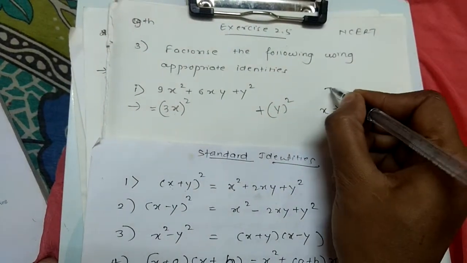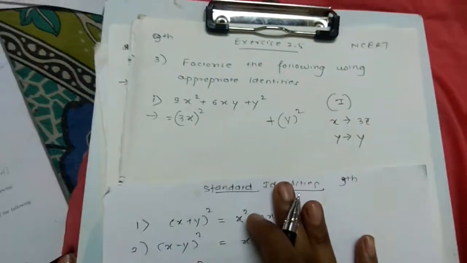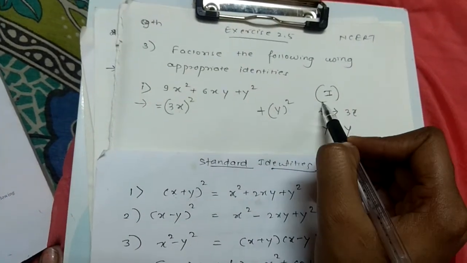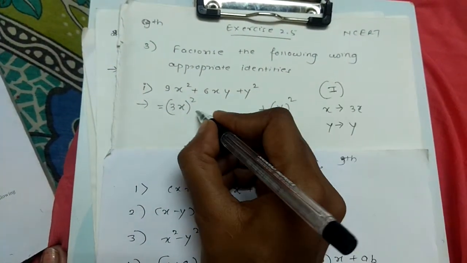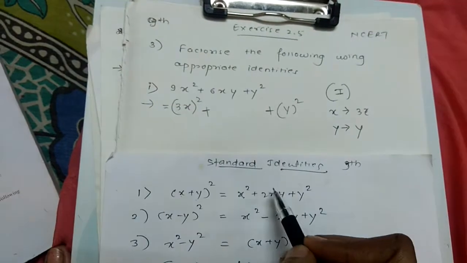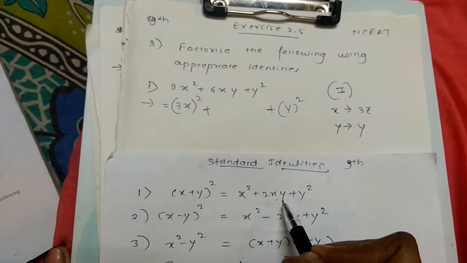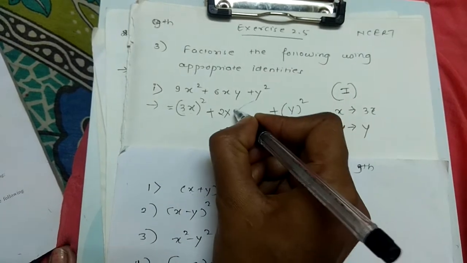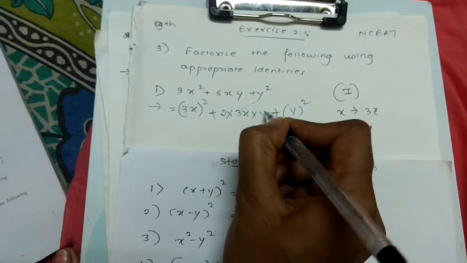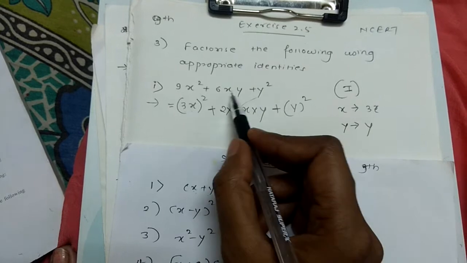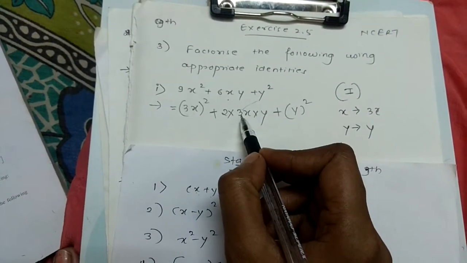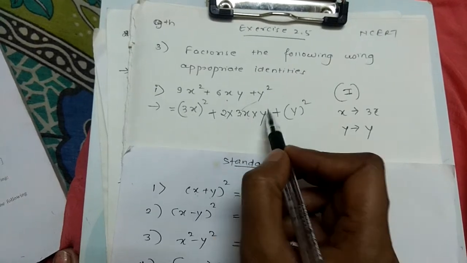We have used the first identity here. Remember, for your convenience I wrote 1 here, which indicates the identity. Next you have to write the middle term as 2 into first term into second term. So 2 into our first term 3x into the second term y. You should check that it matches: the multiplication of this should be 6xy. 2 threes are 6, x into y.